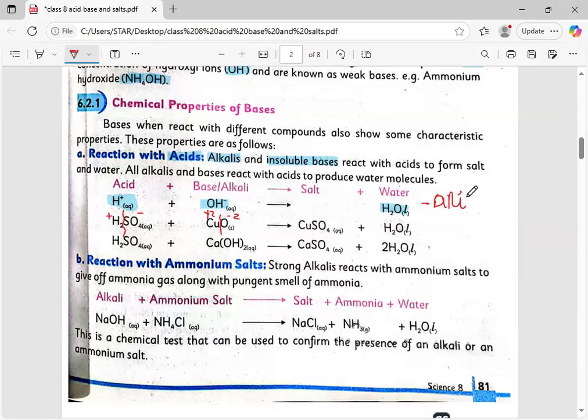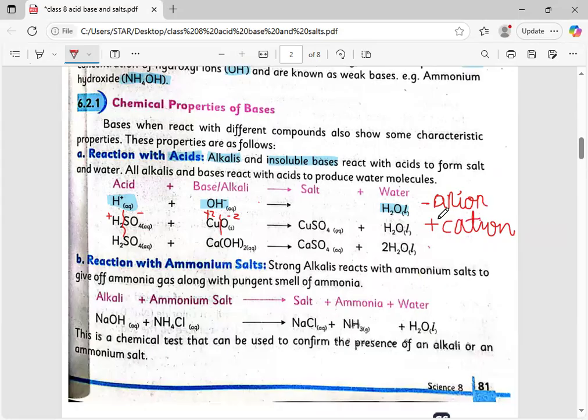Any substance that has a negative charge can be termed an anion. Remember that we are going to use this word again and again in the upcoming lectures. Then any substance that has a positive charge on it is called a cation. Okay, class, this is cation.